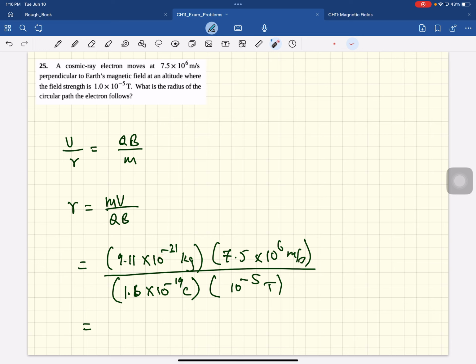So we'll make this 9.11 times 0.75 divided by 1.6. And this will come out in meters.